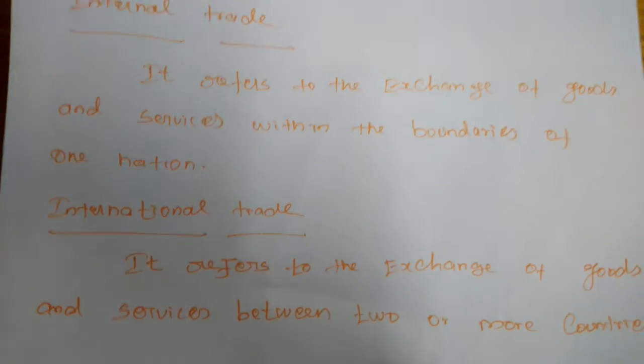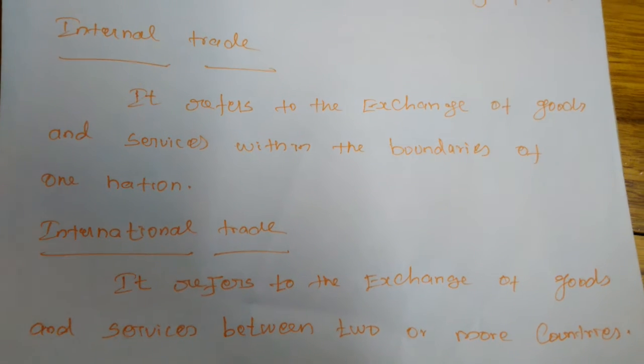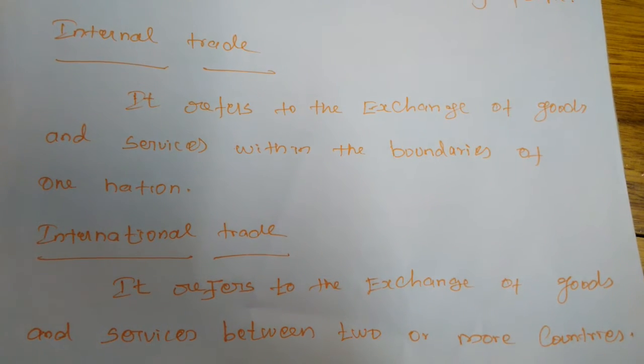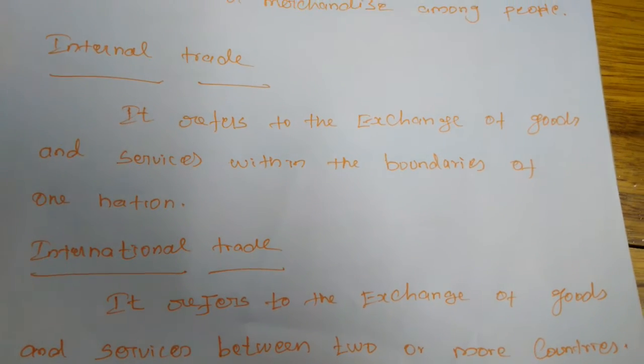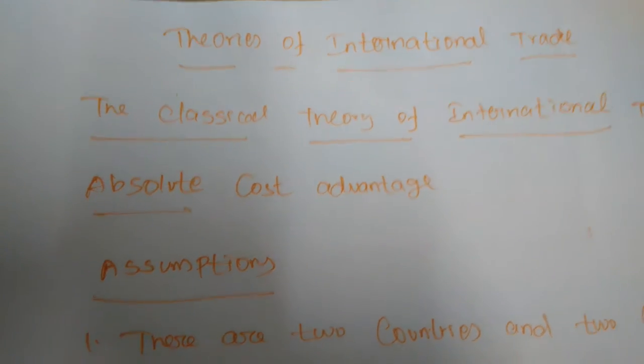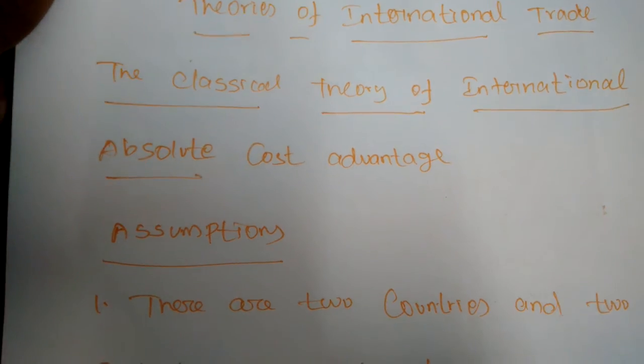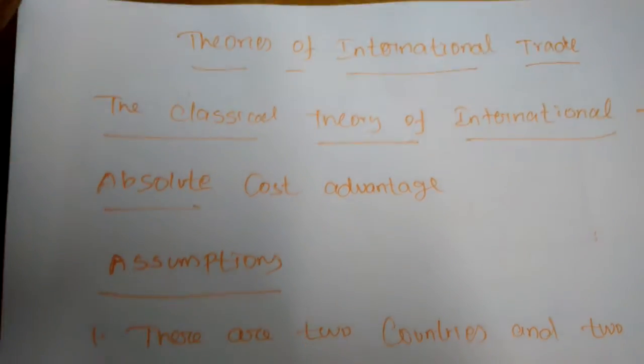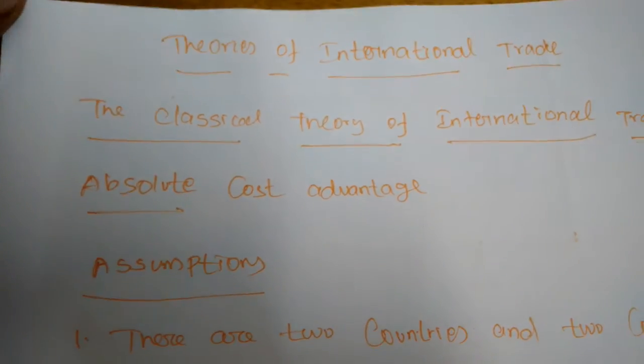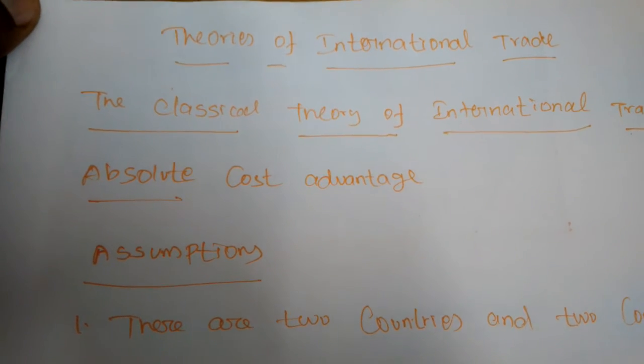We have also studied the relationship between internal trade and external trade. Students, if I explain the difference between internal trade and international trade, it will take more time. So please study it yourself; you could understand, I think.